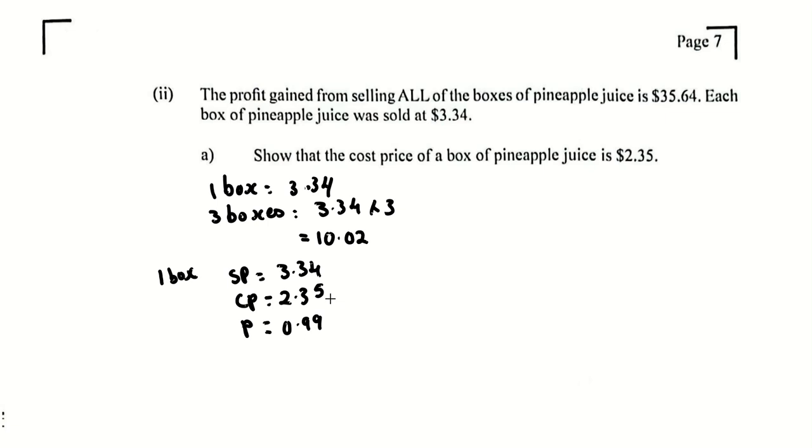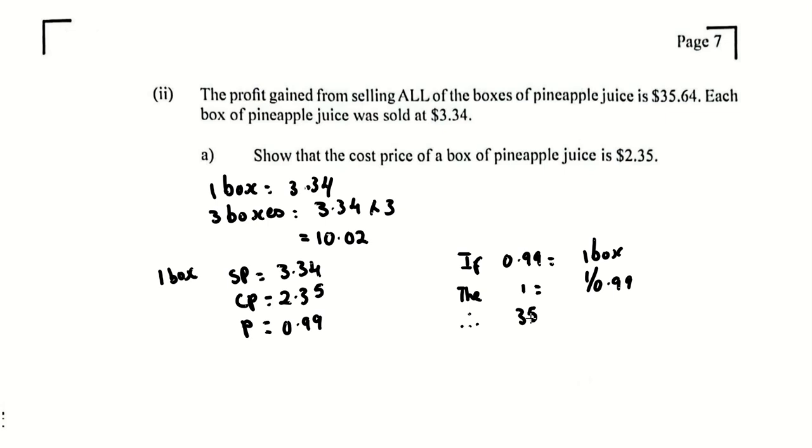Now, you can find out how many boxes was sold if he got a total profit of $35.64. So if 99 cents is equal to 1 box, then 1 would be 1 over 0.99. And we want to find out how many boxes would be $35.64.